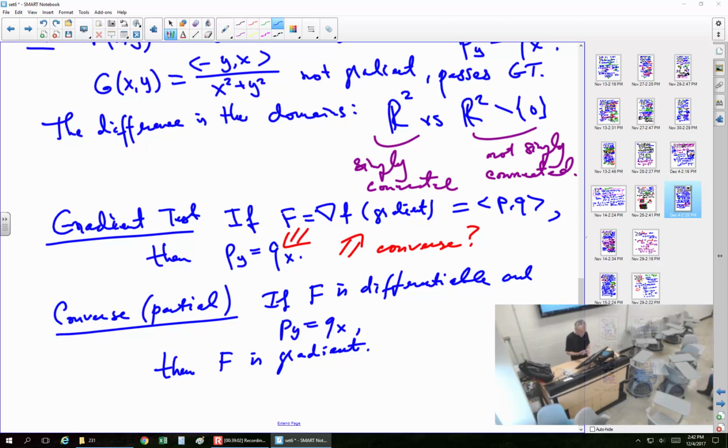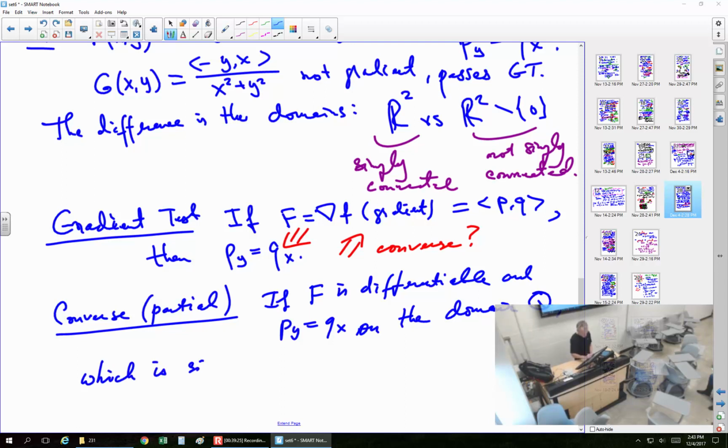Oh, and then I made a mistake that I promised not to make, and I'll ask you not to make. We have to state that the domain is something. On the domain Q, which is simply connected, then f is a gradient vector field.